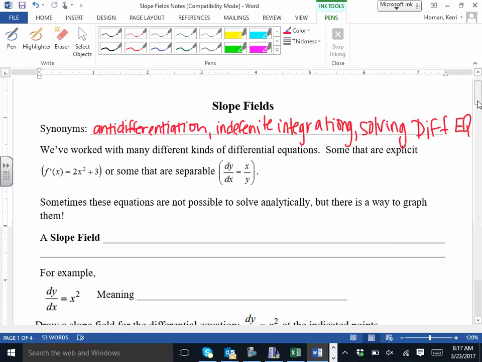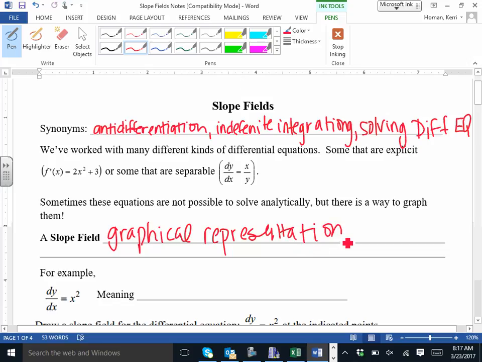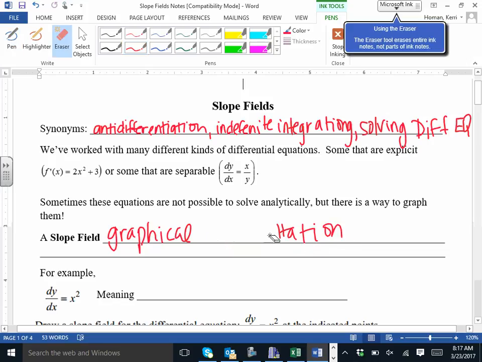So a slope field is basically a graphical representation of a general solution to differential equations. My handwriting is not really awesome with this, I'm sorry.